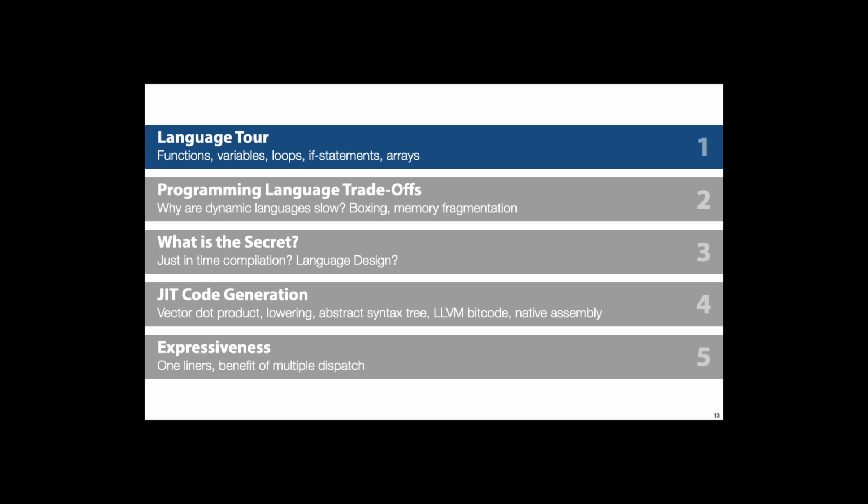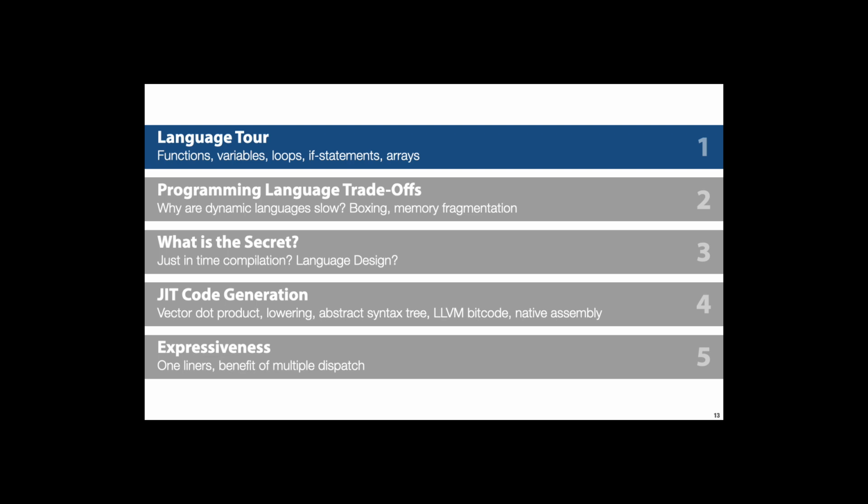Some of the reasons has to do with what we call boxing and memory fragmentation. And what's the point of talking about these things? Well, the reason is that this helps us understand better what exactly the secret of the Julia programming language is. Why is it running so fast? To understand that, it helps to really understand what it is that makes dynamic languages in general slow.